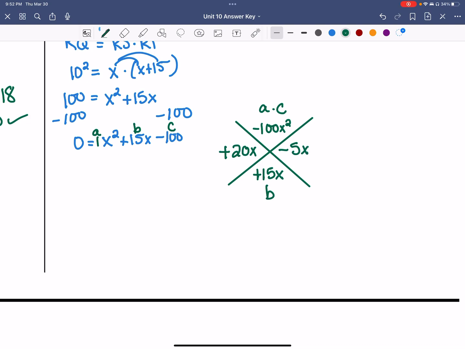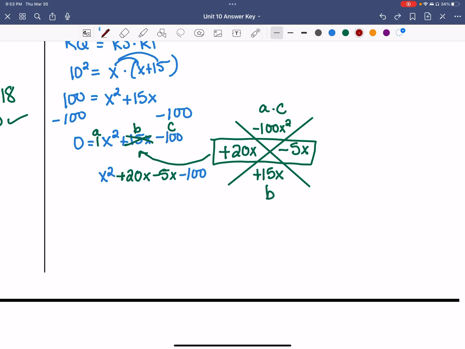Because I have to have a positive 15, I need my larger number as a positive as well. So these 2 numbers we can plug in for this part here. So I'm left with x squared plus 20x minus 5x minus 100.